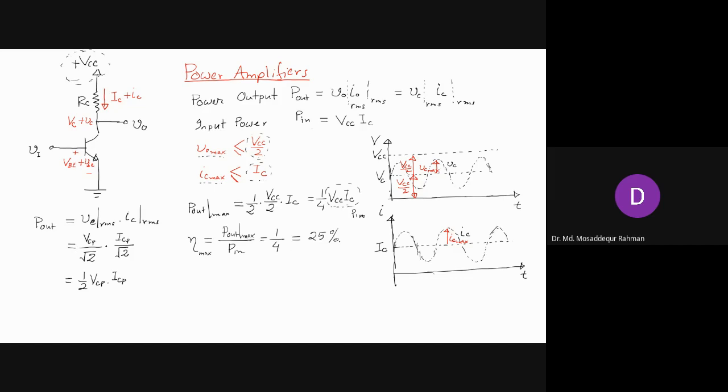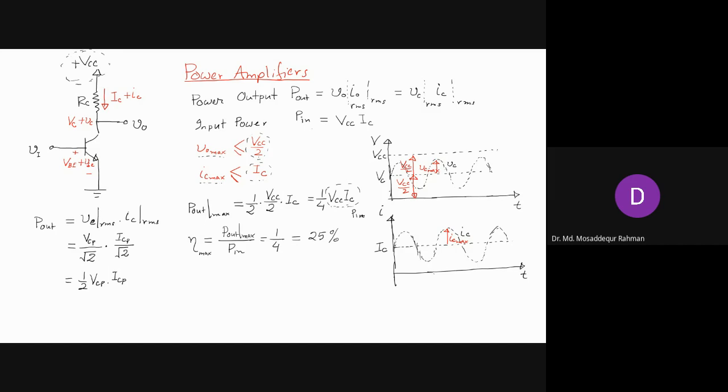So that is, I mean, theoretical, right? But for a practical amplifier, the efficiency is even less than that because of other losses in the circuit that haven't been considered here. And of course, the VC and IC, these are the maximum. We have considered half of VC.